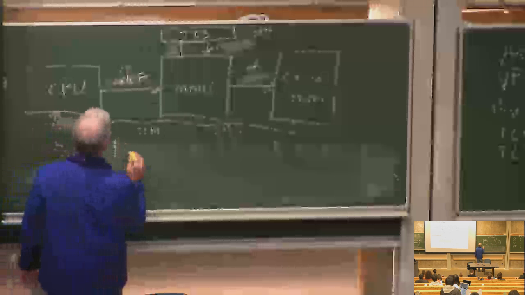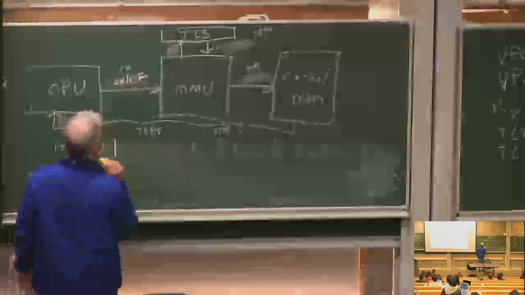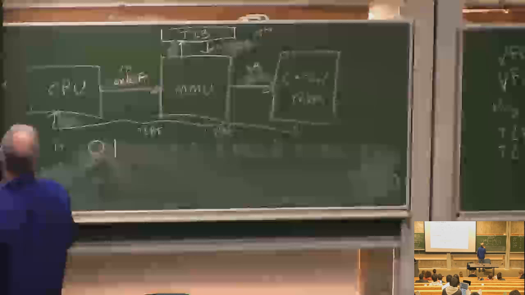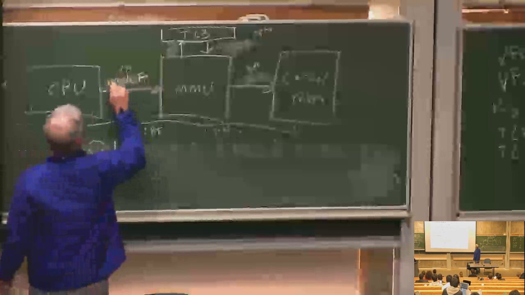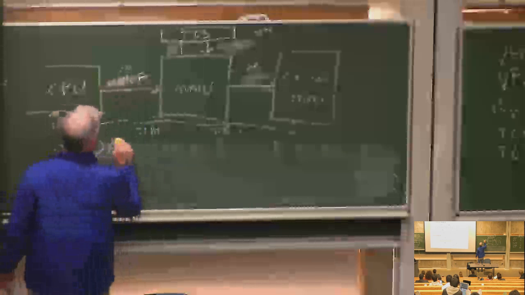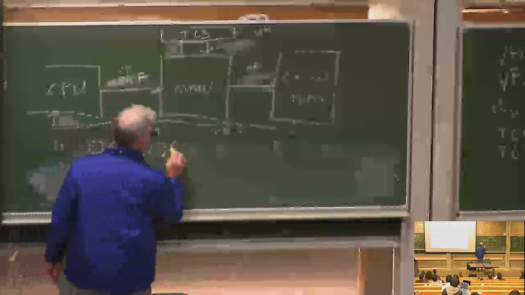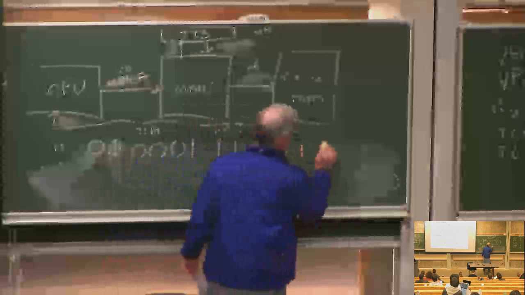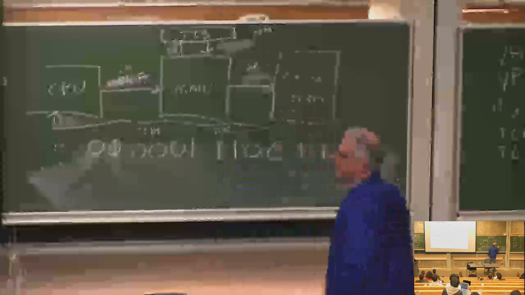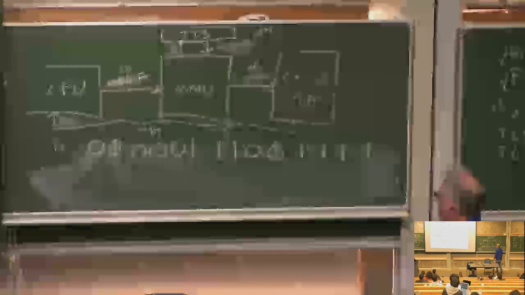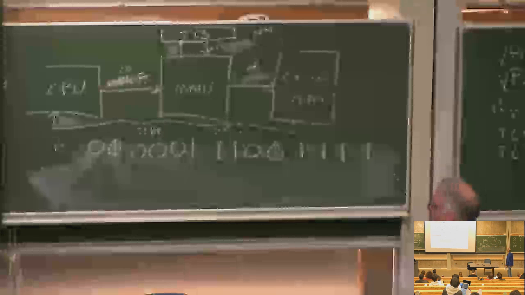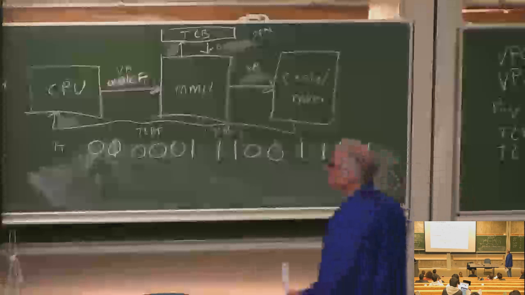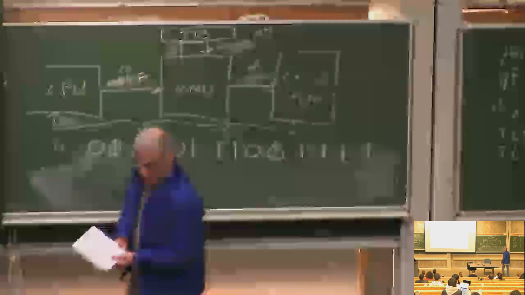So 1CF would be 0, 1. Wait, no, that's not right. 0, 1CF. Hopefully that's right. Zeros with a 1, 2 ones. Okay.